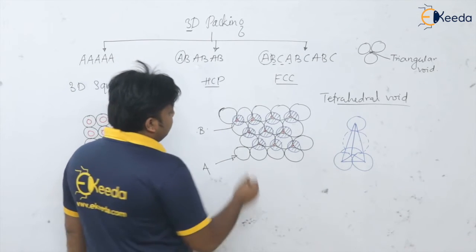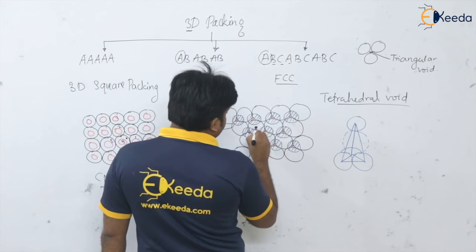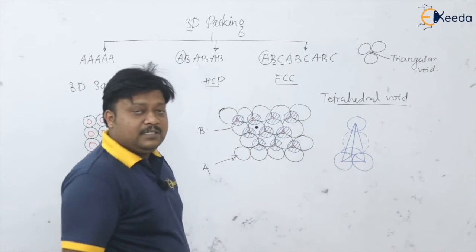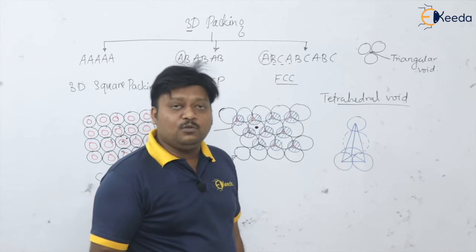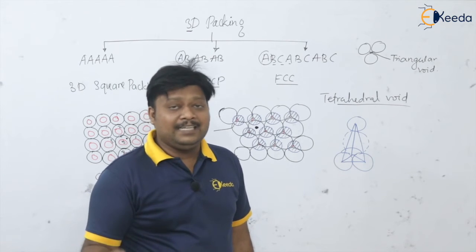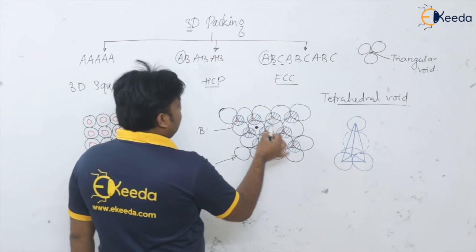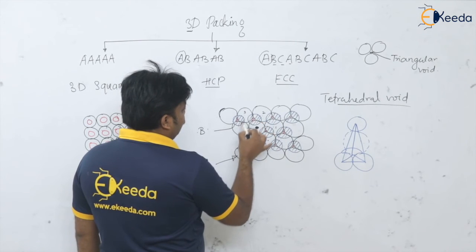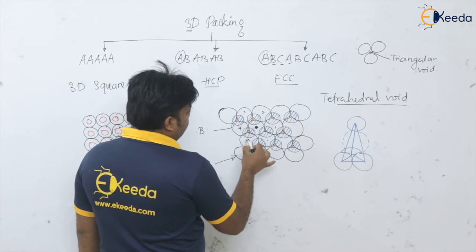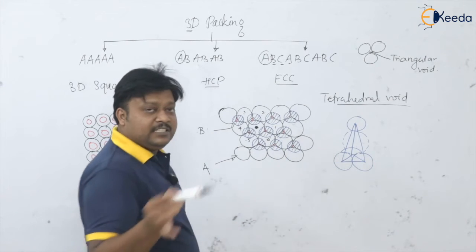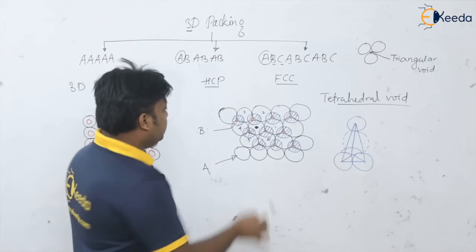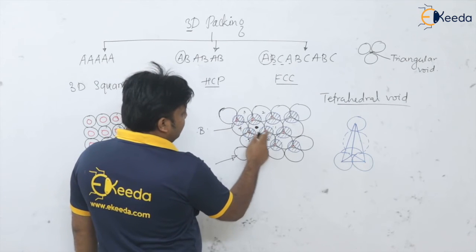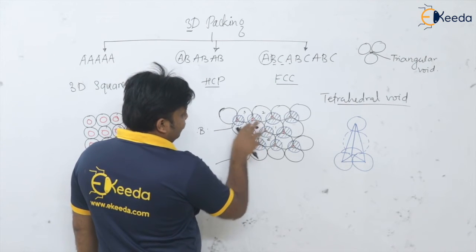So see, if I take this atom under consideration, it is already a two-dimensional hexagonal close packed structure, the A layer. So definitely 6 atoms are already in touch with this atom. This is 1, this is 2nd, this is 4th, this is 5th and this is 6th. 6 atoms are already in touch with this atom. And remaining, see, these 3 are touching here, 1, 2, 3 from the top.